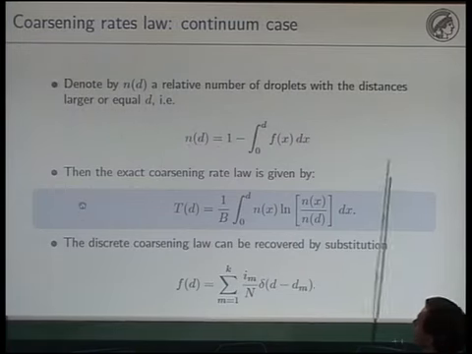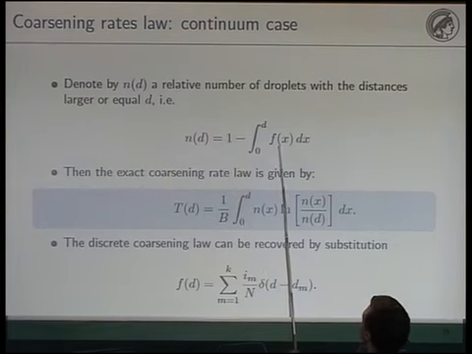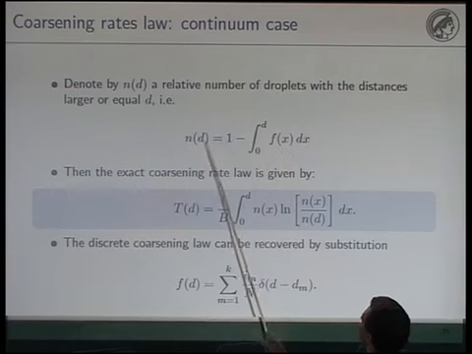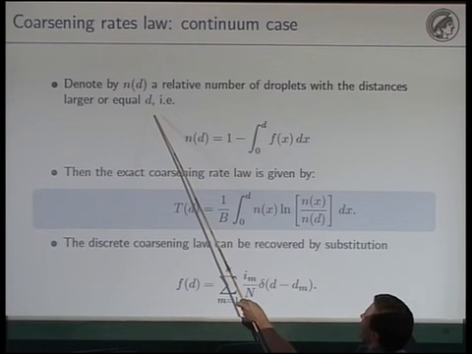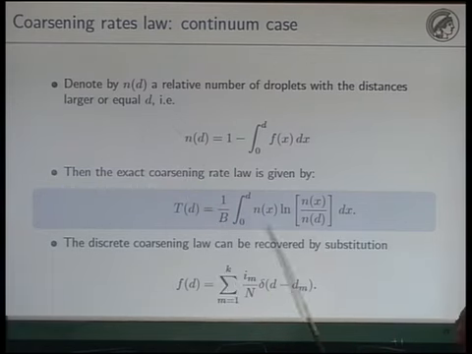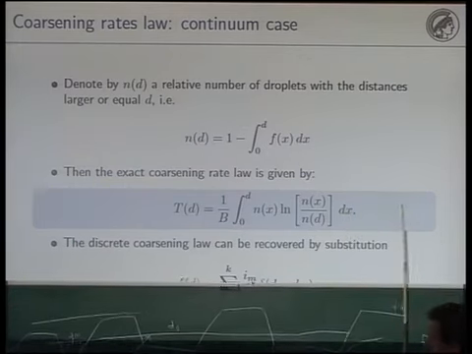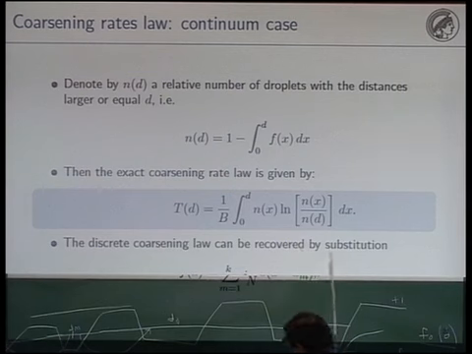And if you introduce the integral of your distribution function, which is like a probability, like a relative number of droplets with distances larger or equal to d initially, then you obtain this coarsening rate law. People are usually looking at how the number of droplets decreases in time.